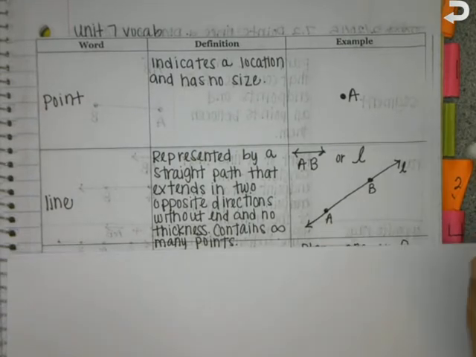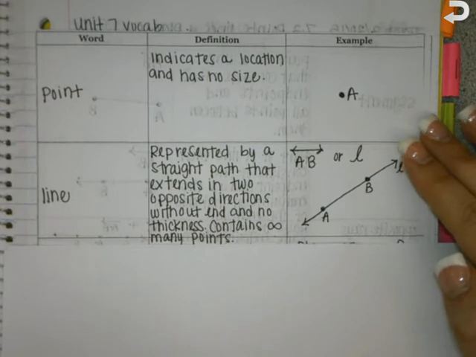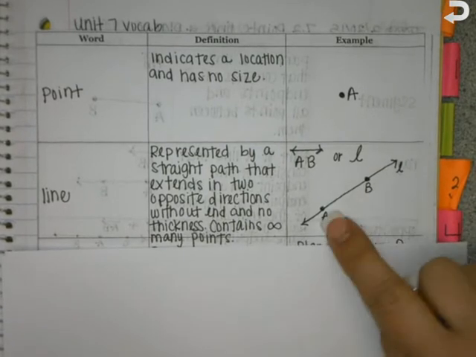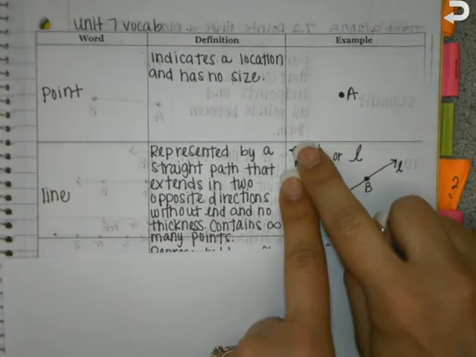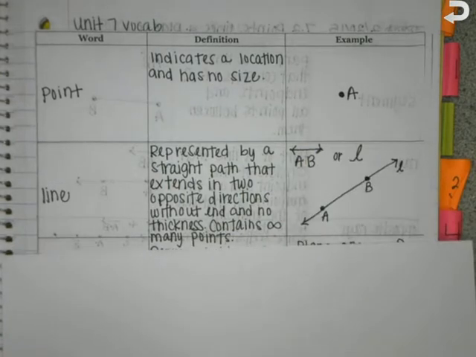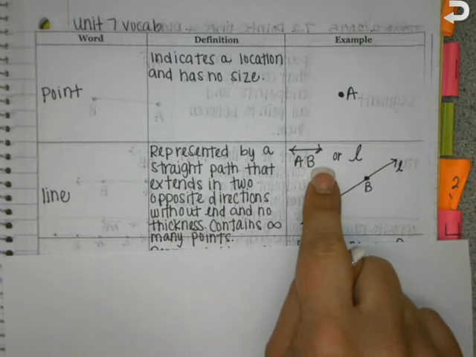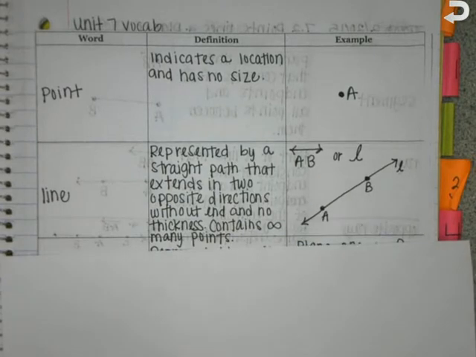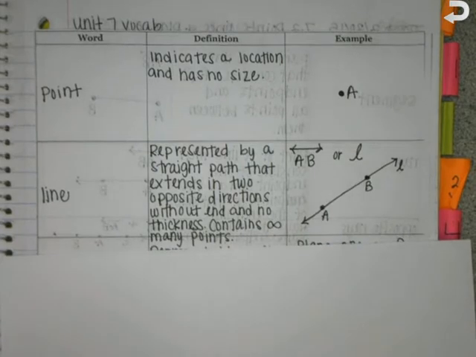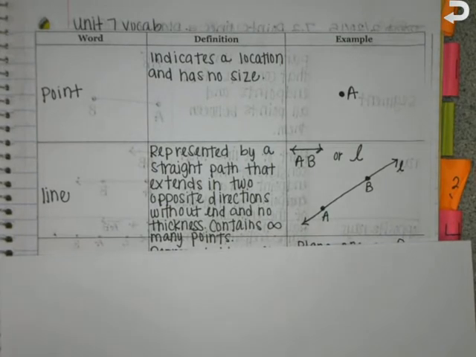We have two ways of naming lines. We can name a line by 2 points that lie on the line. So, and we put the little line symbol right above those 2 points. So we can call this line that I drew line AB. Or we can also give lines a specific letter that represents the entire line. Usually that happens when there aren't 2 points identified.